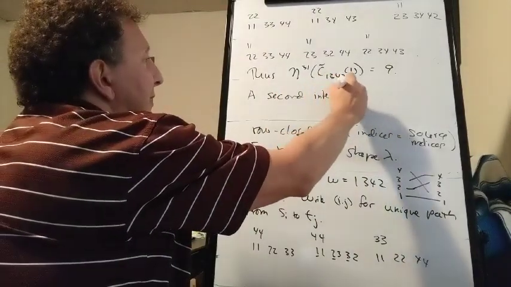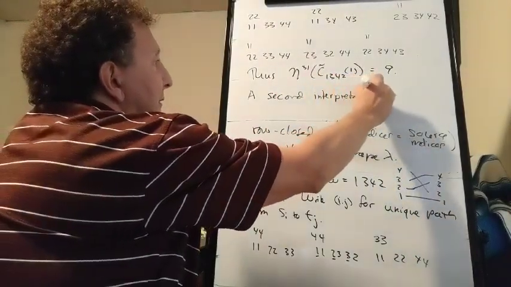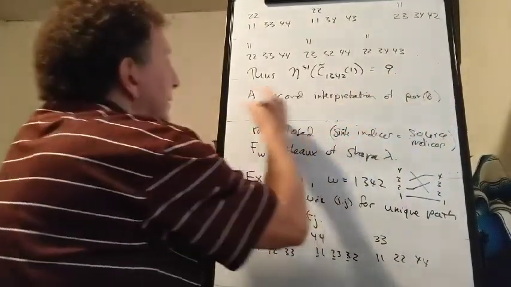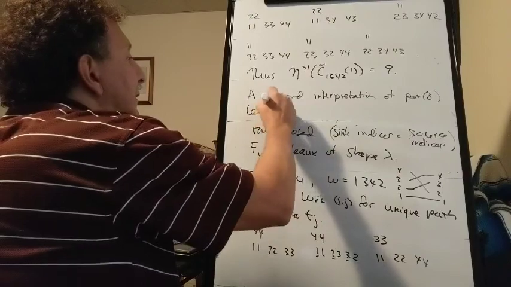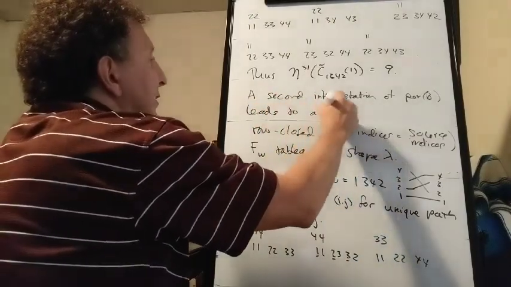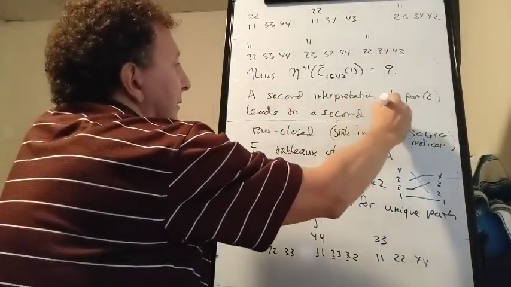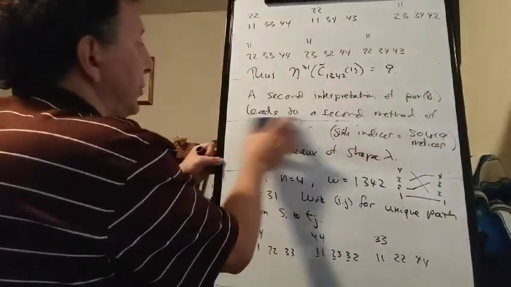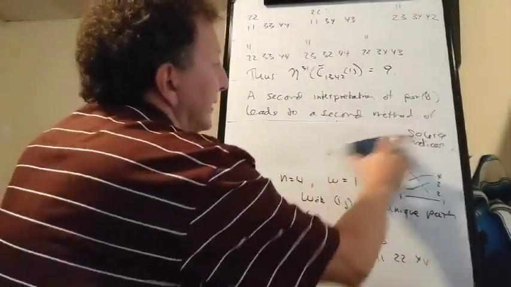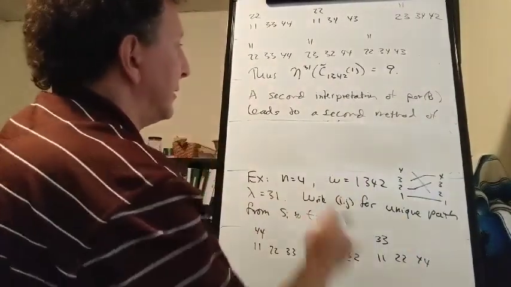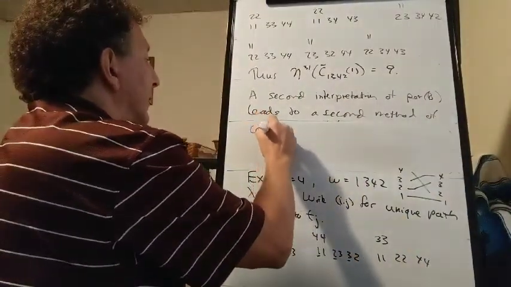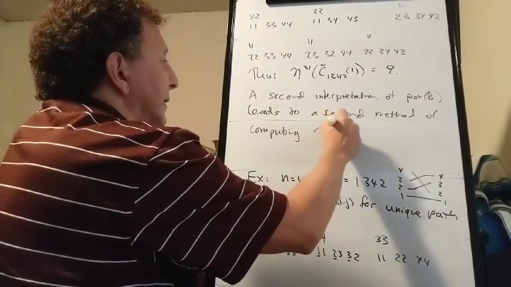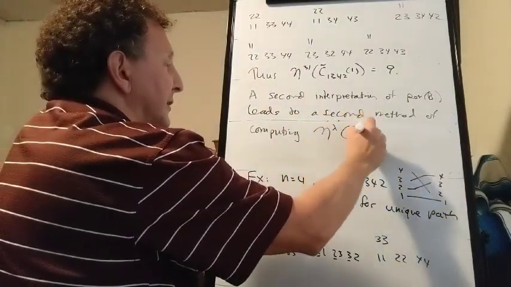And the second interpretation of the permanent of a matrix leads to a second method of computing eta lambda of a Kajsteinistic basis element.